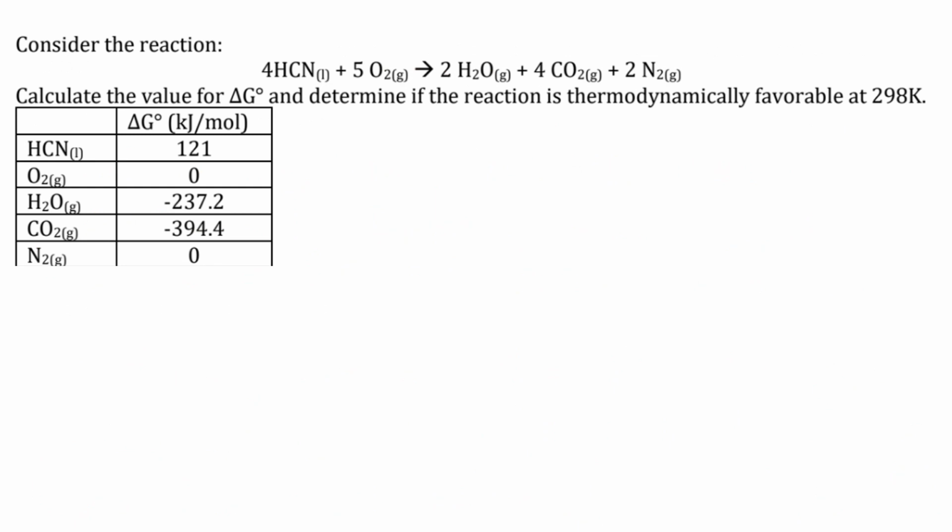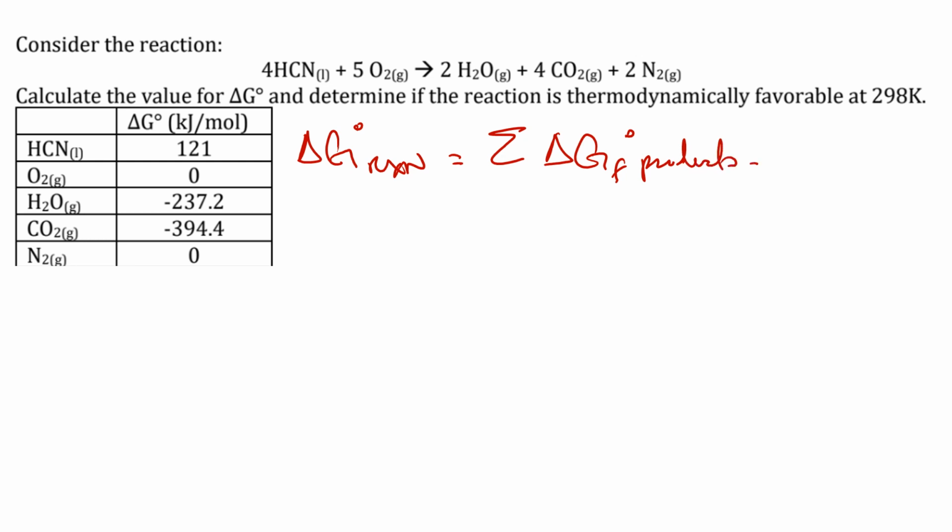Consider the following reaction. Calculate the value for Gibbs free energy standard and determine if the reaction is considered thermodynamically favorable. The equation we're going to use: delta G of the reaction, standard, equals the sum of the delta G of the products minus the sum of delta G of the reactants.